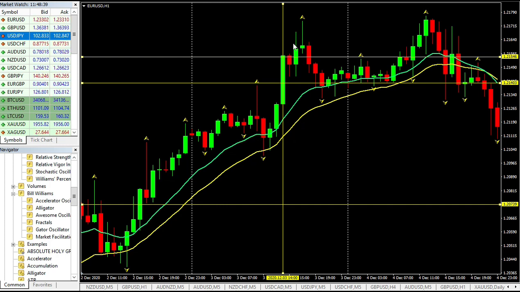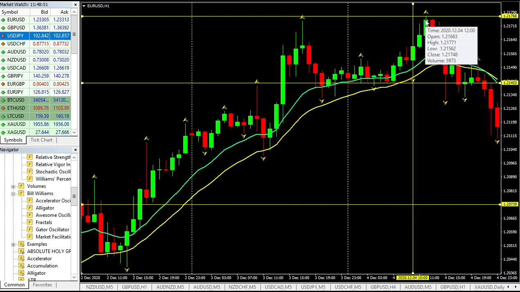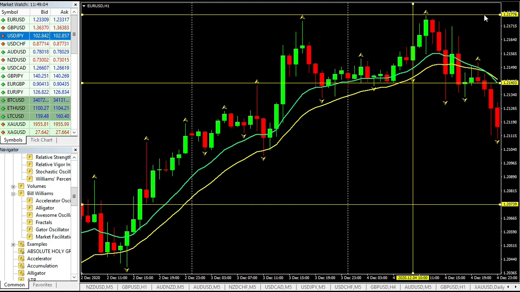Then you bring your vertical line here, and the next fractal you get is this one up on top. So the high is 1.2177, so you're going to put your pending order at 1.2178. There it is.